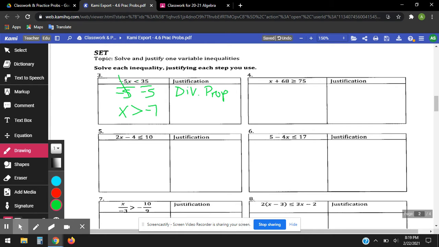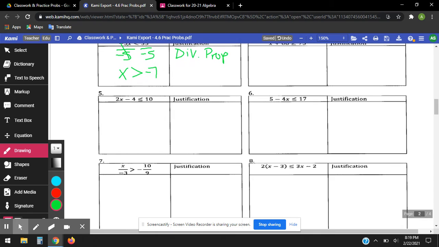All right, so I'm just going to go on this left-hand side and work through these. 2x plus 4 is less than or equal to 10. Well, I need to add 4 to both sides, so that's an addition property of equality. Those cancel. 2x equals 14.